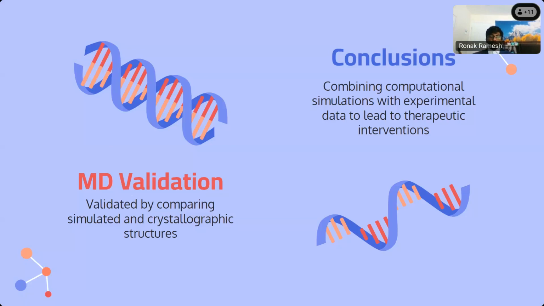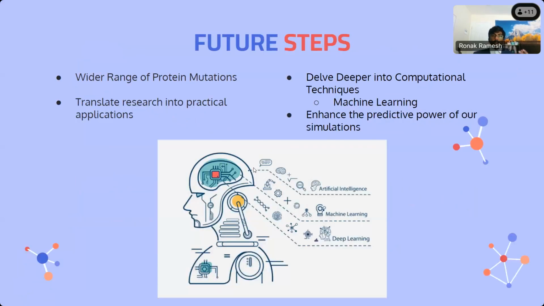I'd also like to end on the note that, at the end of the day, I didn't just pick up this research project or work really hard on this research just to compete at a science fair. I really want to make an impact in healthcare, and I hope that this research can be the first steps of that process.